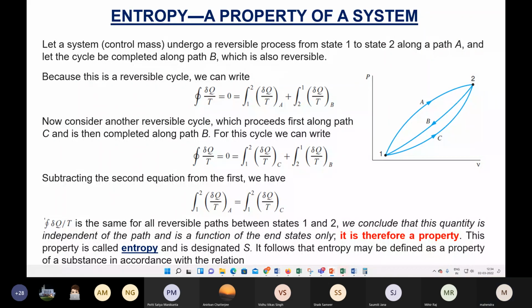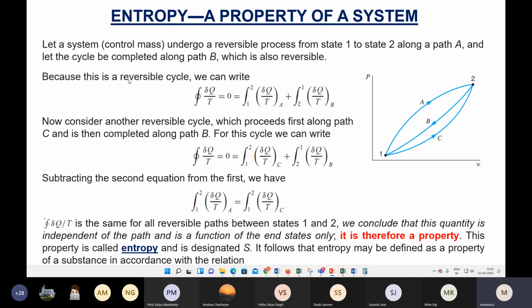Here, let us see whether entropy is a path function or a point function. We consider a reversible cycle. First, we consider going from 1 to 2 by A and coming back from 2 to 1 by B. For that we write the cyclic integral of dq by t equal to 0.